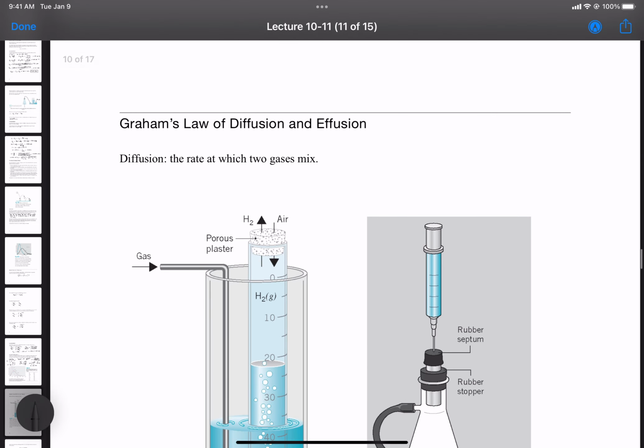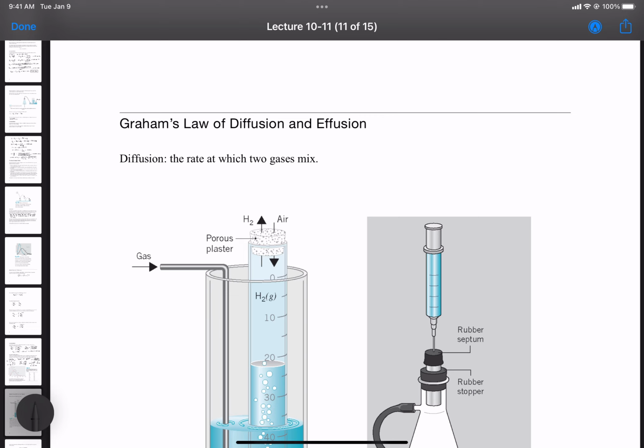So let's talk about how gases behave in a closed space, or how gases behave within a partition or a divider. Okay, so now let's talk about Graham's law of diffusion and effusion.